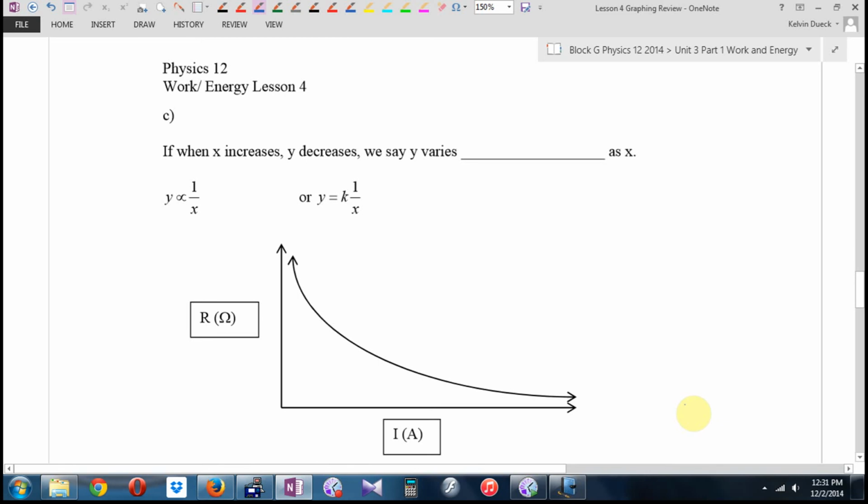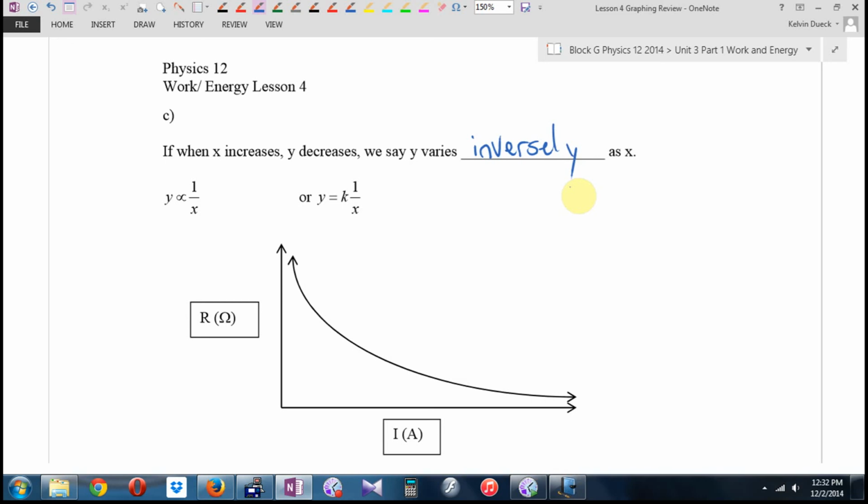We will be dealing sometimes with some curves. So if as x gets bigger, y gets smaller, we say y varies inversely as x. As an equation, y equals k times 1 over x.